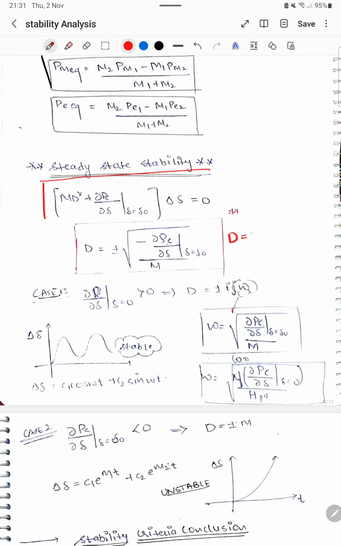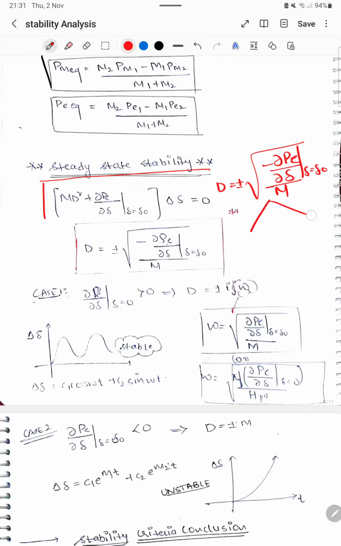So we get roots at d equals plus or minus root of minus del Pe upon del delta at delta equals delta naught upon M. Okay, this comes under root only. So let me again tell you what is the root. Root is nothing but d equals plus or minus root of minus dou Pe upon dou delta at delta equals delta naught upon M.